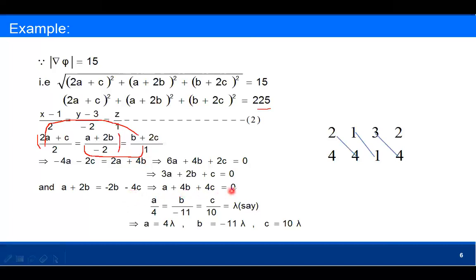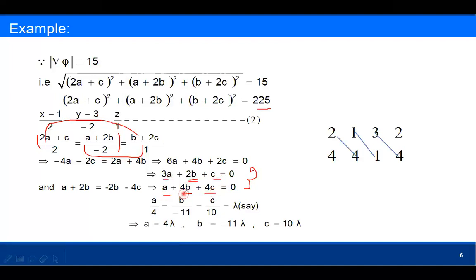Now we are solving this by using the cross ratio product. For that simply you have to write down, start from this value. So write down the coefficients of this: 2, 1, next 3 and 2. Similarly starting from this point: 4, 4, 1, 4.